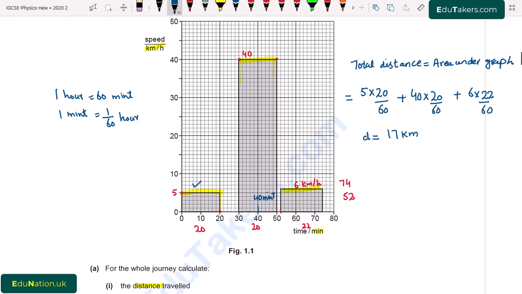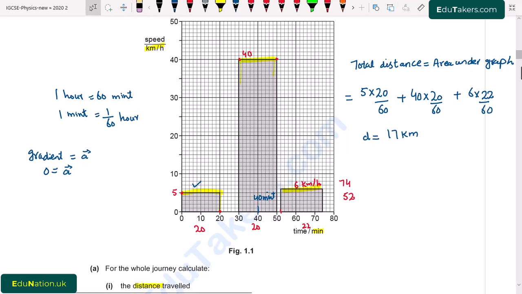You can see that speed is not changing, and it is a horizontal line, means that its gradient is equal to 0. So when the gradient is equal to 0, we know that gradient of this graph is equal to acceleration, so acceleration also is equal to 0. It means that the acceleration in this case is equal to 0.